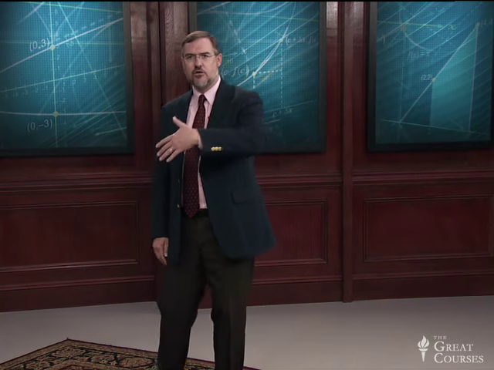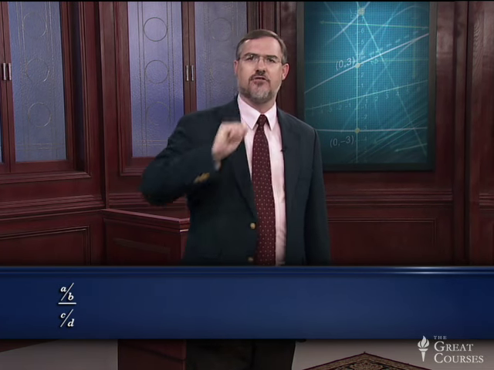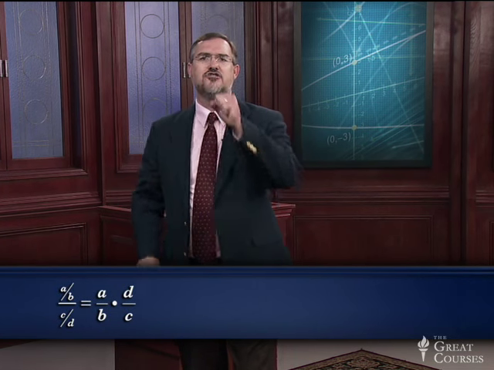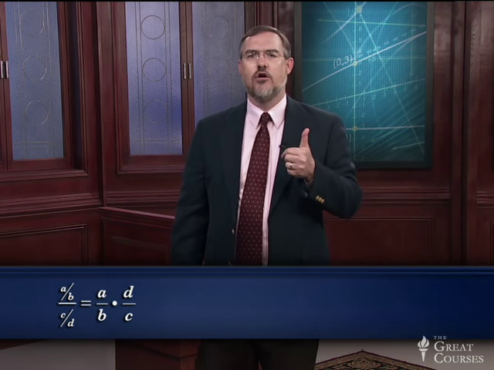Now, let's turn the corner and talk about another operation. So we've talked about addition and subtraction and multiplication. Now let's talk about division of rational expressions. So the first thing we need to remember about division of rational expressions is this. If you have a over b, and that's being divided by c over d, so you have one fraction divided by another fraction, it's the same as a over b times d over c.